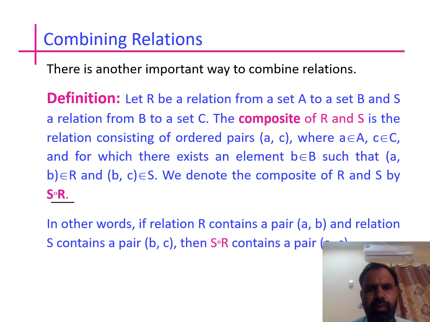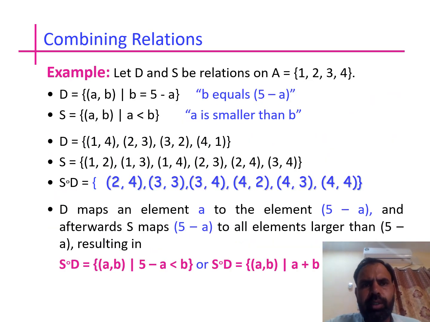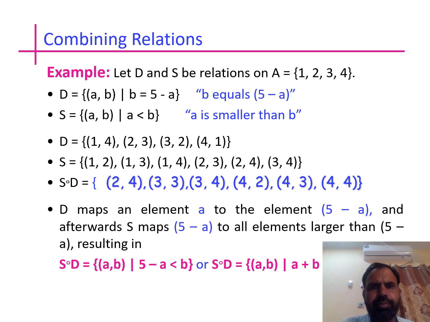In other words, if relation R contains a pair (a, b) and the relation S contains a pair (b, c), then S∘R contains the pair (a, c), which is like the transitive property.